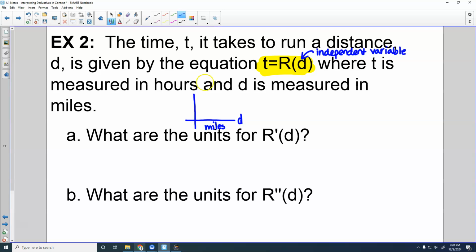And then T is on your y-axis. And what is it measured in? Hours. Okay, so what are your units for r prime? Hours per mile.